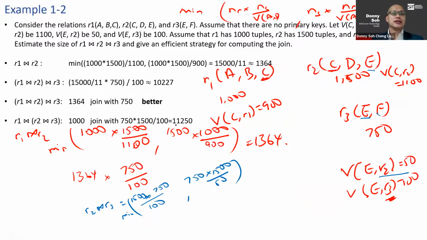So this value equals this, and the other one is 1,000 joined with this. So R1 joined with R2 joined with R3 will be 1,000 multiplied with 11250, divided by my 900.